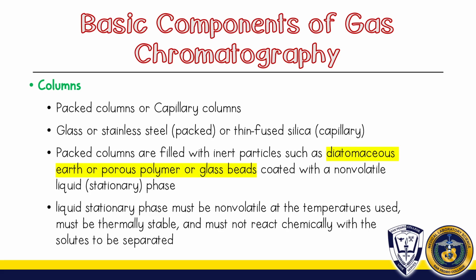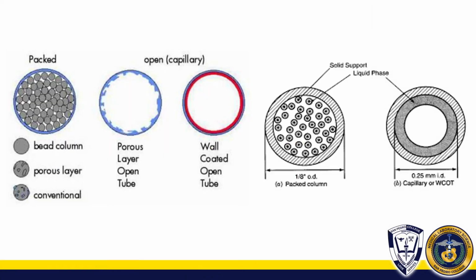So again, this is the content of your packed column. Now let me discuss the difference between your packed column and your capillary column, other than what they are made of. We mentioned earlier that packed is glass or stainless steel, and capillary is thin fused silica. Try to look at this image.